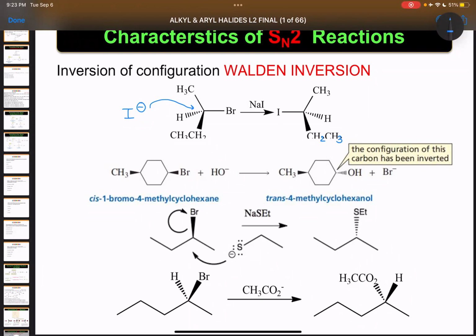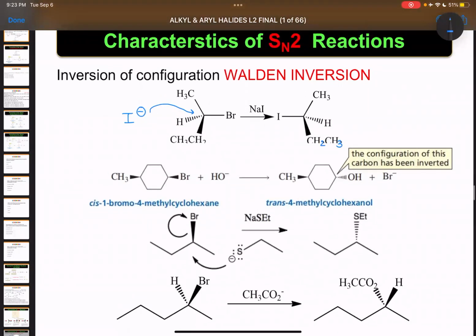What is the reason behind it? Because the other groups will move away from the incoming nucleophile. Because there is a simultaneous attack and departure, it can happen only if the nucleophile attacks from the side opposite to the leaving group, meaning 180 degrees with respect to the leaving group.